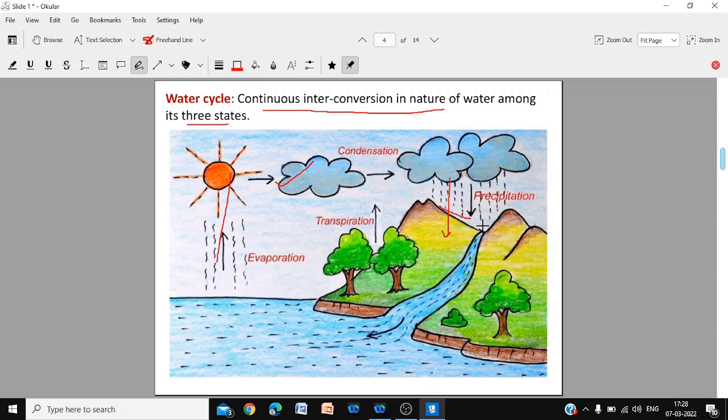They melt, and this water flows down as rivers and ultimately reaches the sea, from where again it is evaporated as vapor. So this is the water cycle, continuously changing from solid to liquid state to vapor state, and vapor state to liquid state, and again to solid state.